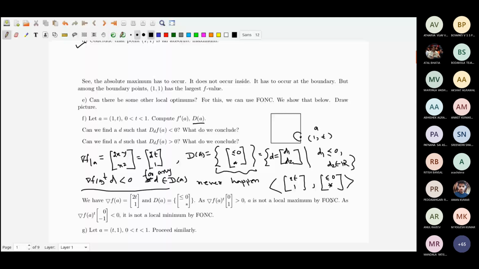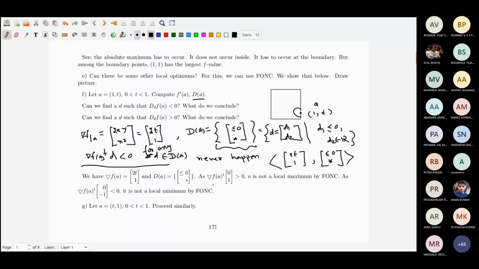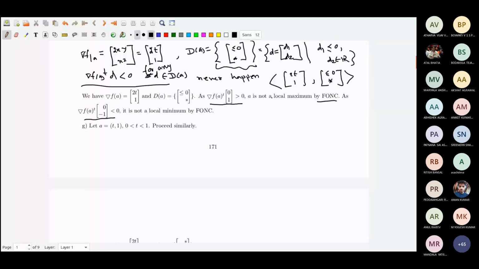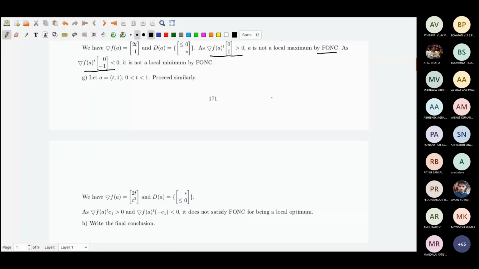As this inner product is greater than 0, A is not a local maximum by the first order necessary condition. Similarly, as this inner product is less than 0, this is not a local minimum by the first order necessary condition. Similarly, if you take a point A equal to (t, 1), here also you can proceed similarly and do that.